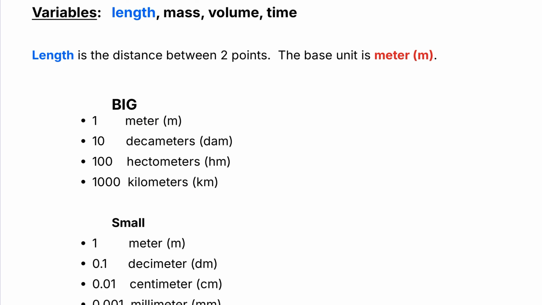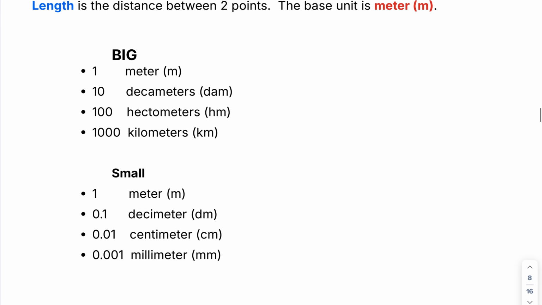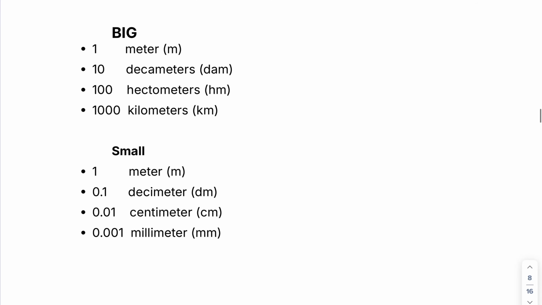Okay? Now if we shift gears to the smaller numbers and we start with meters again, 1/10 of a meter or 0.1 meter would be equivalent to 1 decimeter, okay? And then 1/100th of a meter would be considered a centimeter, and then 1/1000th of a meter is 1 millimeter, okay?